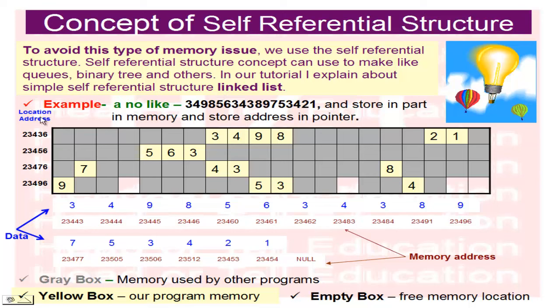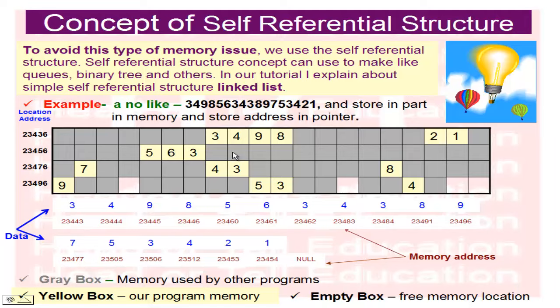So again we check this example. We have a long number like this: 34985634389753421. We store it in a pointer and store the address in a pointer. Why am I storing it this way? Because for this type of number I have no data type to store it, so we have to store this number as a string.